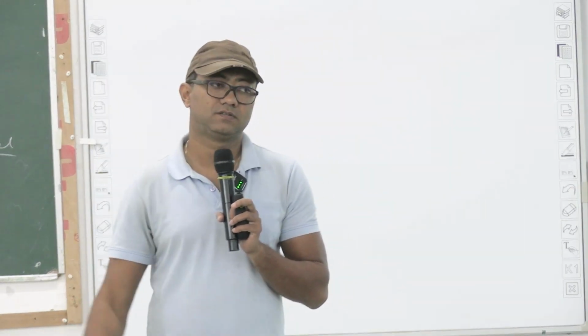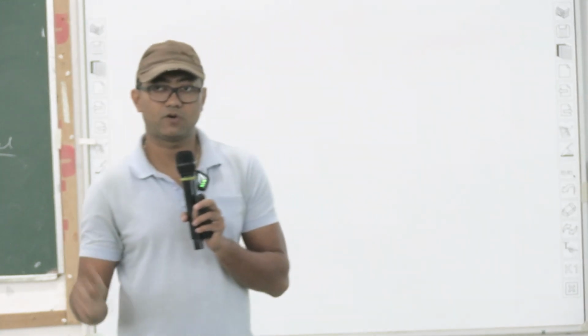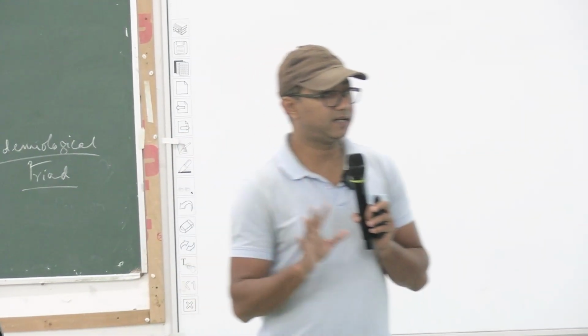There is a black clip we apply on right leg, just above the medial malleolus, and there is a green clip we apply on left foot. These are the conventional color coding and conventional attachment of the clip.